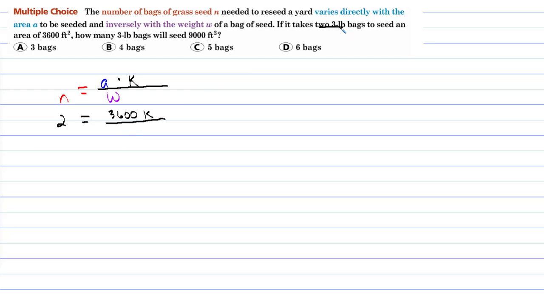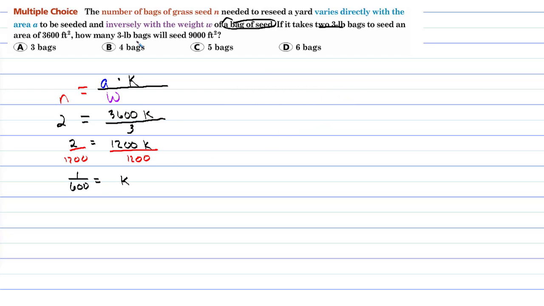Each bag's weight is 3 pounds. And so I take 3,600 divided by 3, and I get 1,200. So K times 1,200 is equal to 2. Divide both sides by 1,200, and we have K is equal to 1 over 600 when we reduce that.